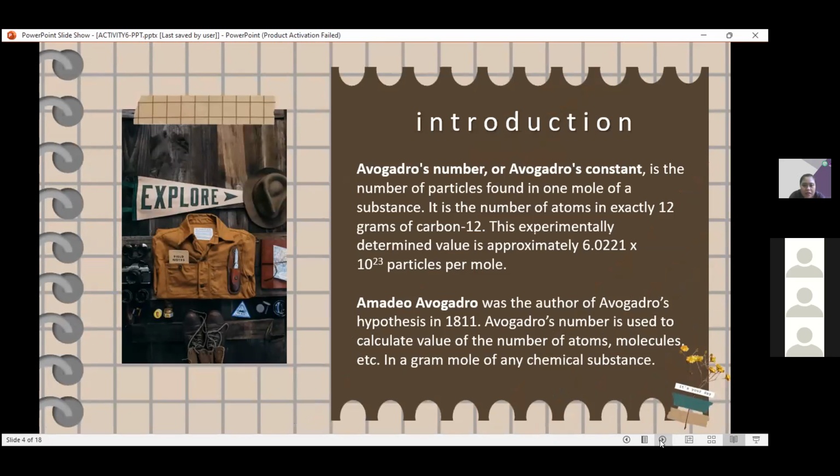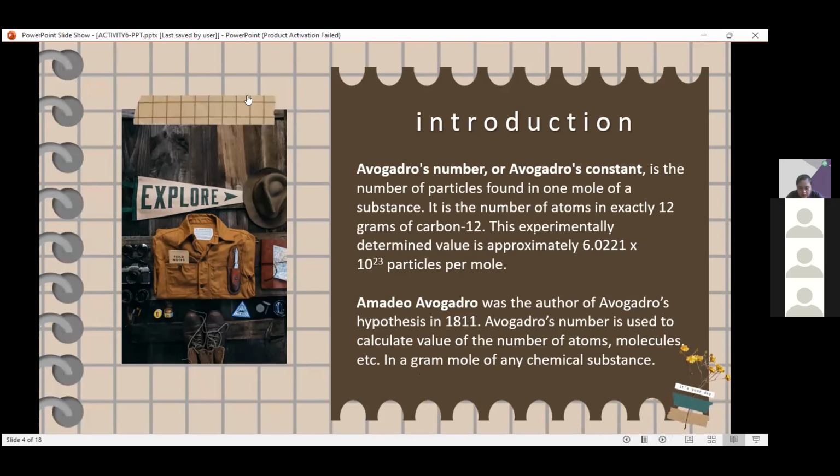So the number of units in 1 mole of any substance is called Avogadro's number or Avogadro's constant, and it is equal to 6.0221 times 10 raised to the power of 23 particles per mole. Avogadro's number is the number of particles found in 1 mole of a substance.